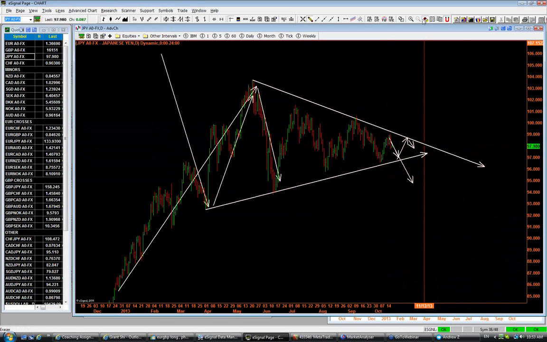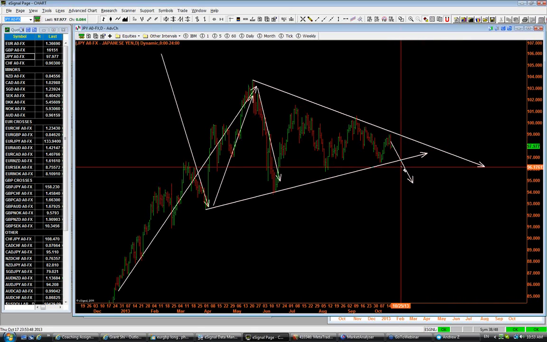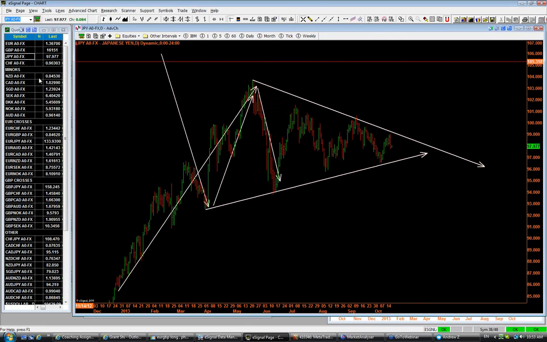Just let me see an example. Okay, yeah, GBP. Let's go back to the GBP.